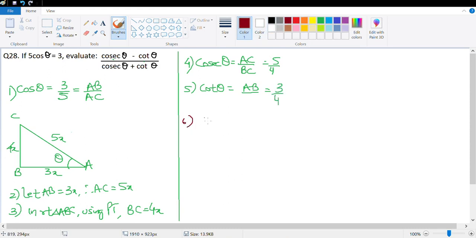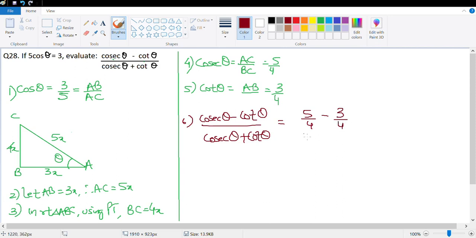Now let's substitute values. So cosec theta minus cot theta upon cosec theta plus cot theta. This would be equal to 5 upon 4 minus 3 upon 4 upon 5 upon 4 plus 3 upon 4. This is 5 minus 3 is 2 upon 4, divided by 5 plus 3, 8 upon 4.